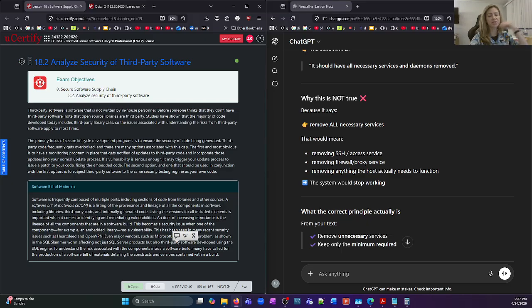So lineage in this context means how components are connected. And provenance means, in this context, where the code came from, who created it, whether it's trusted, the source.